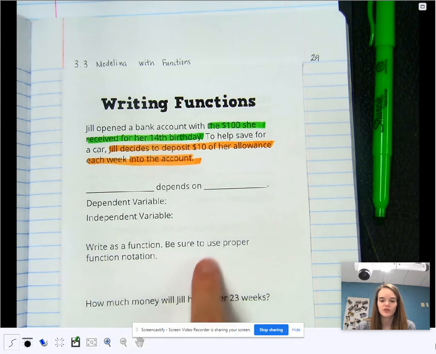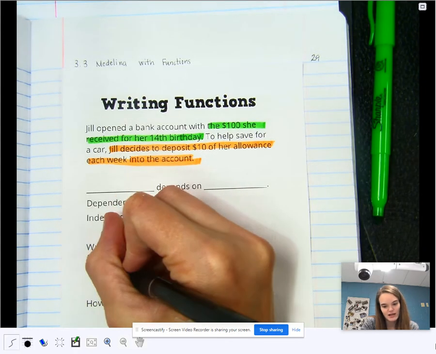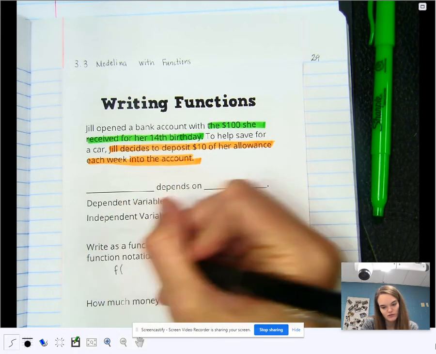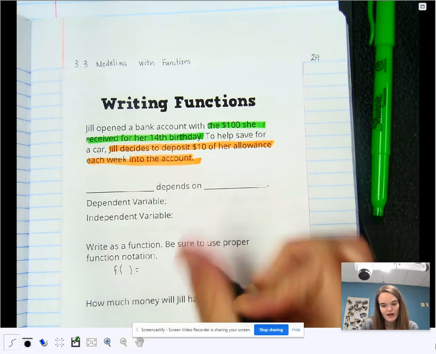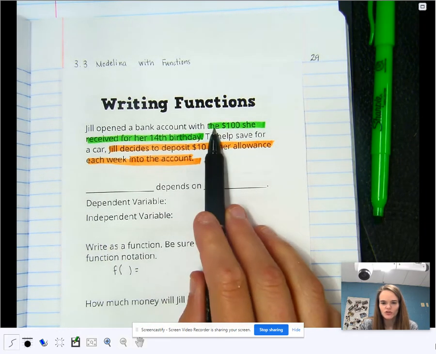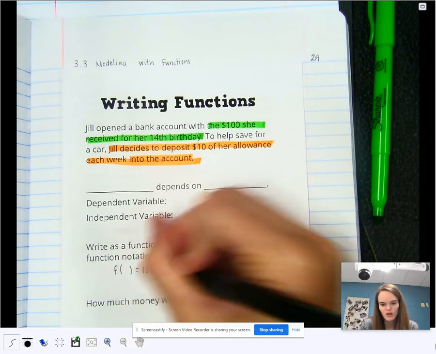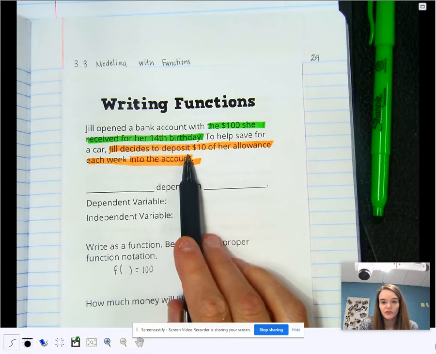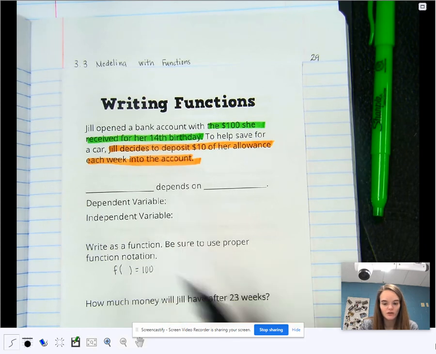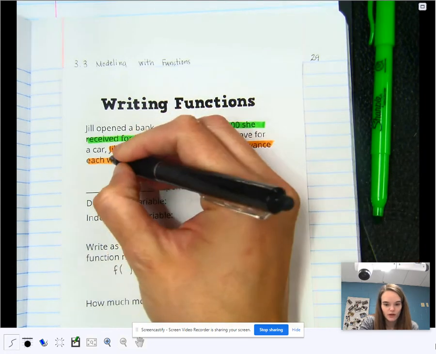So we're going to write a function. And it says be sure to use proper function notation. Here is what that means. I'm going to write f of something equals, and then I'm going to write this. I'll decide my variable in a minute. So Jill starts with $100, so 100. She then deposits, that means she puts money in the account, $10, so plus 10, each week.